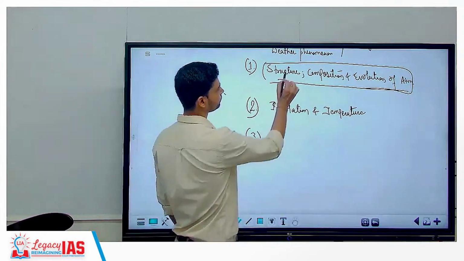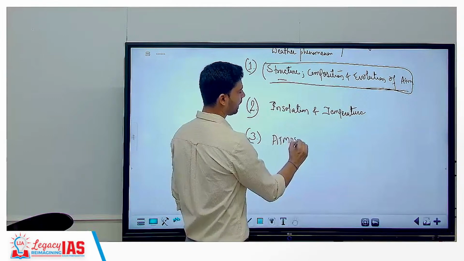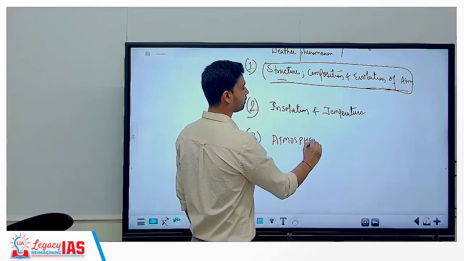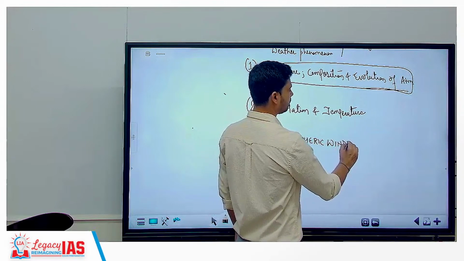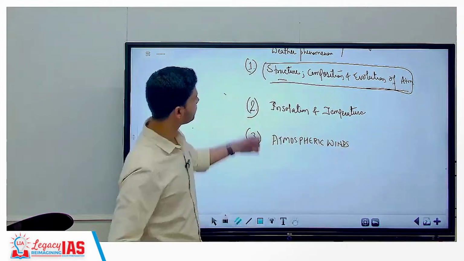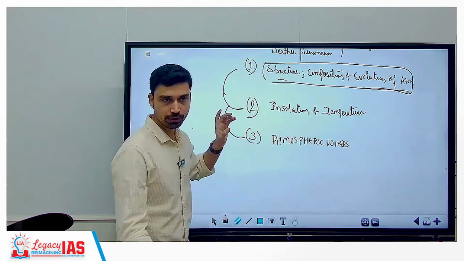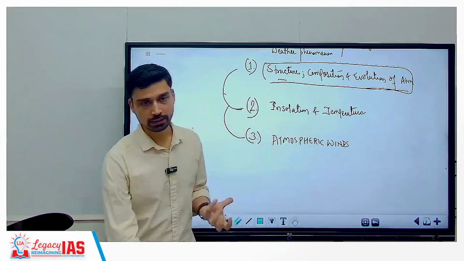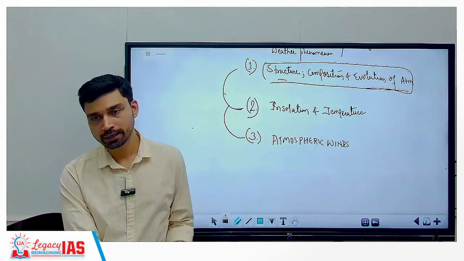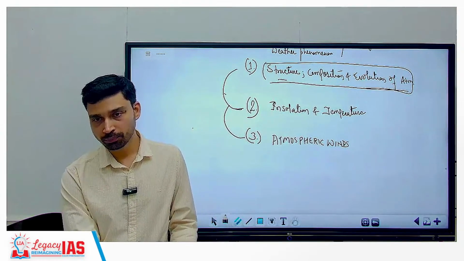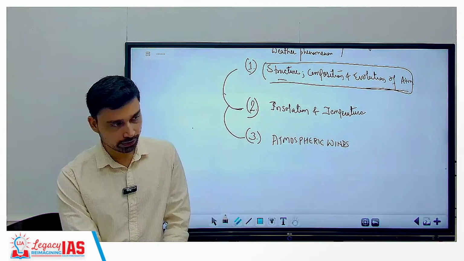Third is atmospheric winds, because all are related actually. When you study, you will understand that this is related to this, this is related to this. Because when temperature becomes high, the air gets heated and starts to move in the upward direction. As air gets heated, it becomes lighter, and as it becomes light, it will get uplifted.